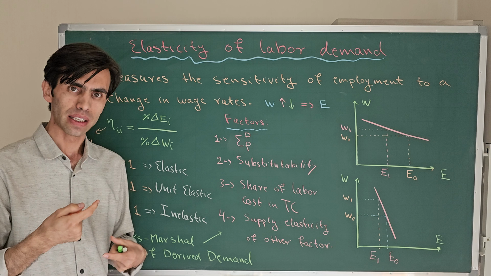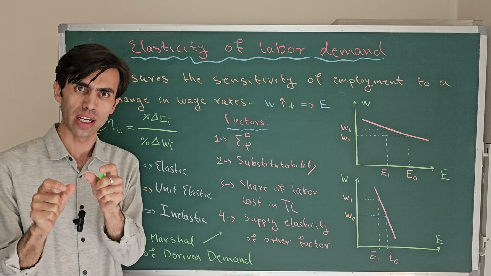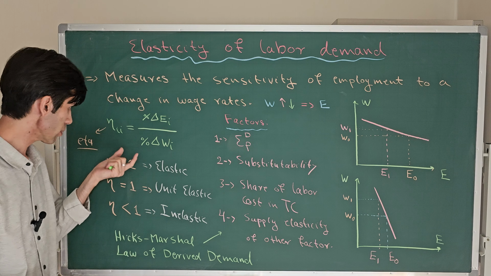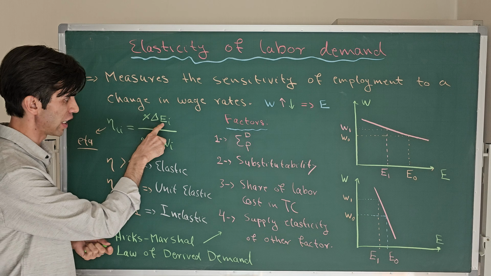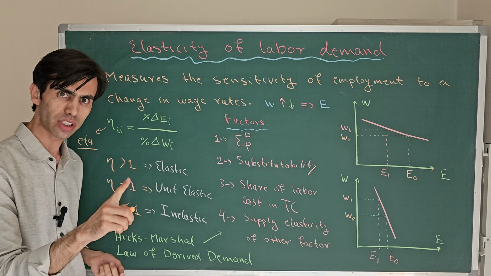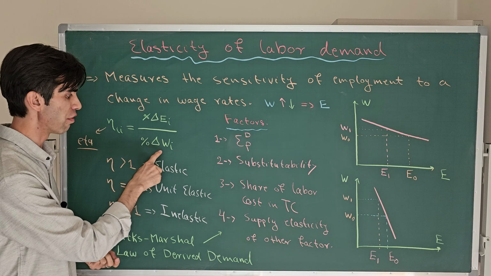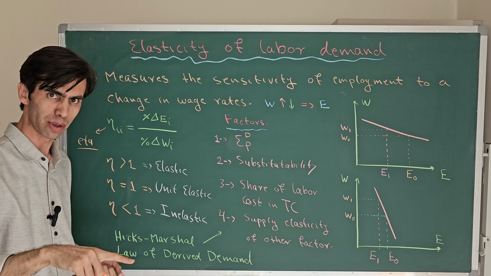It means the wage elasticity of a particular, a specific kind of labor, and it is equal to the percentage change in employment level of that specific kind of labor over the percentage change of wage rate of that specific kind of labor.